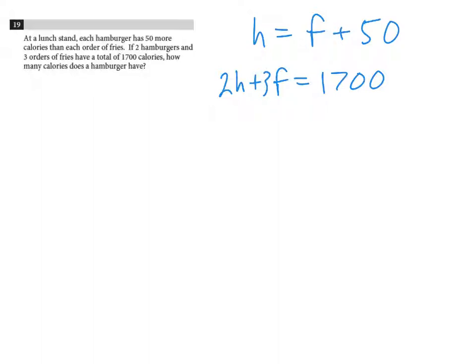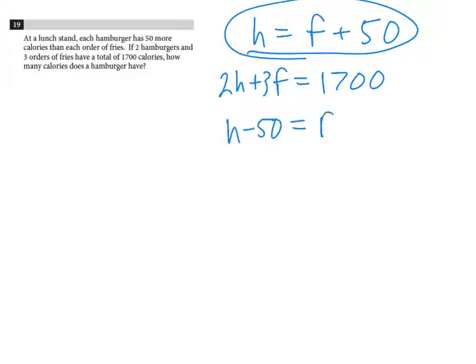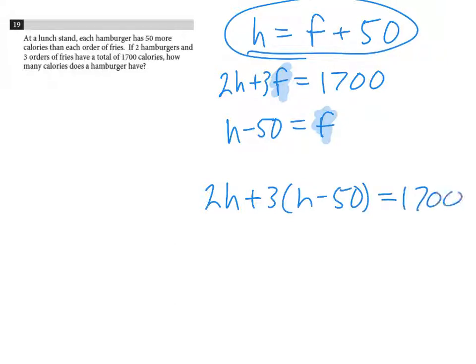Well, since we want to figure out how many calories a hamburger has, I'm going to eliminate the fries. So I'm going to solve this equation for f, which is going to get me h minus 50 equals f, and then substitute this f value into my second equation here. Okay, so I'm going to get 2h plus 3 times h minus 50 equals 1,700.